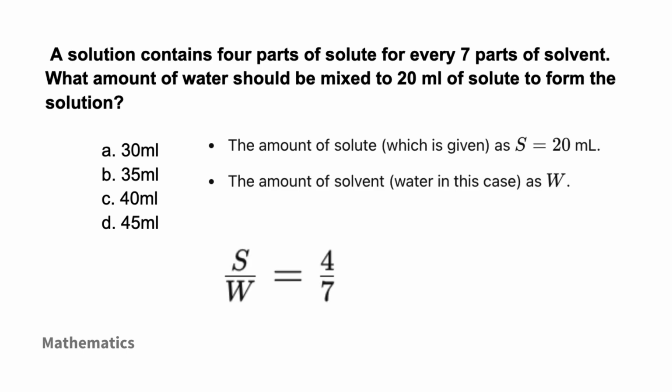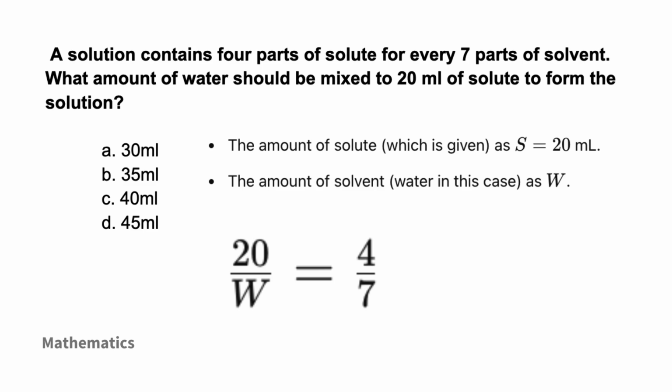Now, according to the problem, the ratio of solute to solvent is 4:7. Therefore, for every 4 parts of solute, there should be 7 parts of solvent. Next, we can write this relationship as the following, S/W = 4/7. Now, let's simply put the 20 in for S, which was already given to us in the problem, and we have our updated numbers.